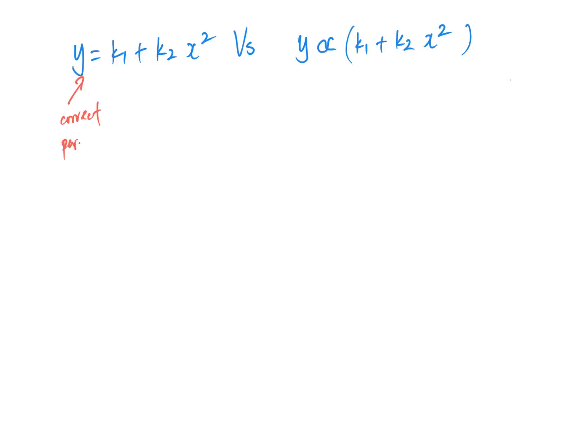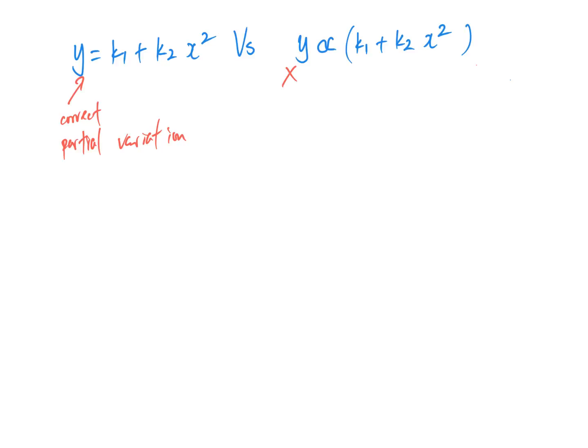In partial variation, we never write something like y varies directly as something. Why?